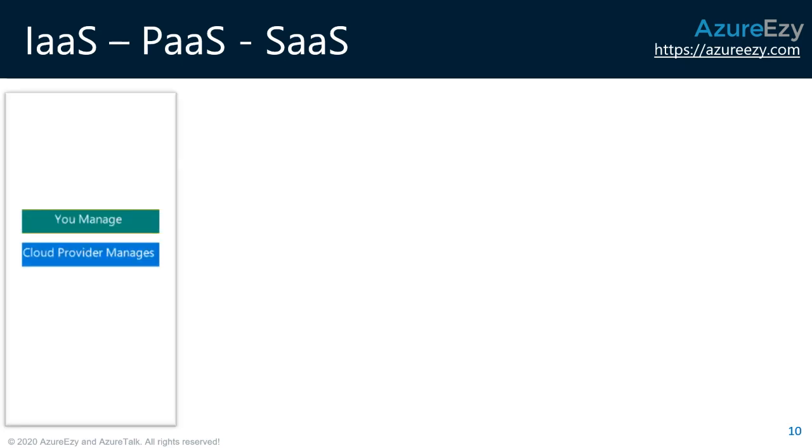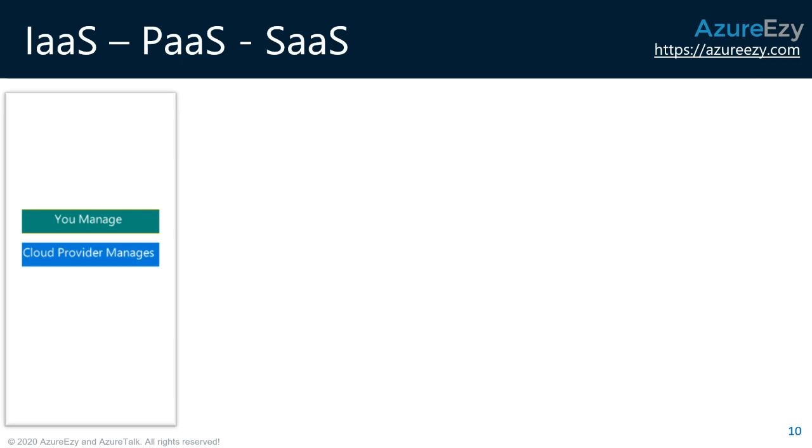When you use cloud, any cloud, and right now we'll be talking about Azure, there are two aspects that come into the picture: what things you are going to manage, and what things the cloud provider is going to manage.